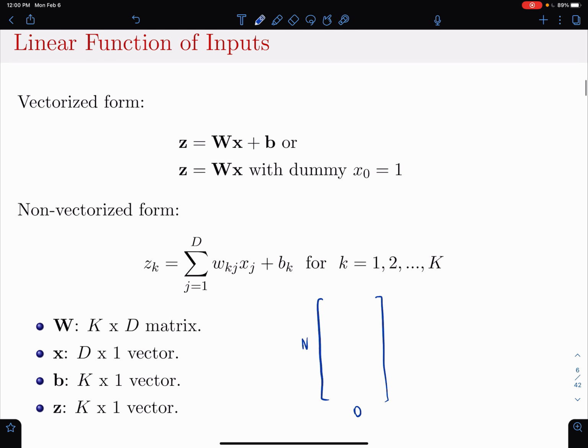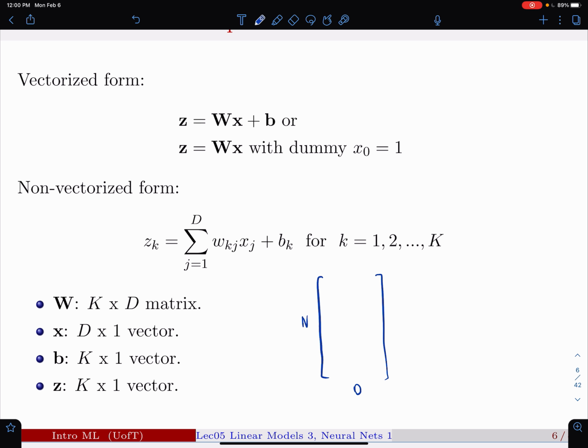In general, the W matrix should be output by input dimensions.